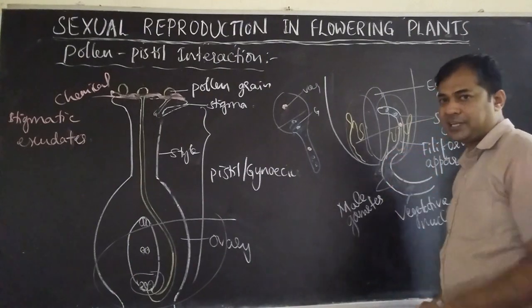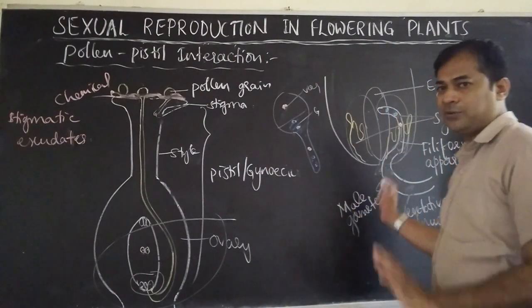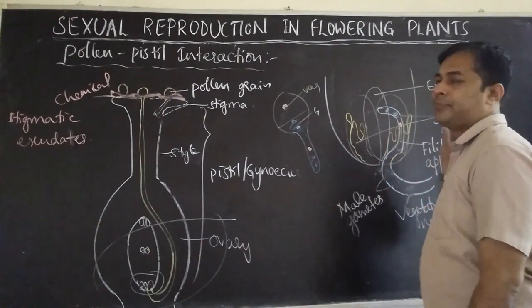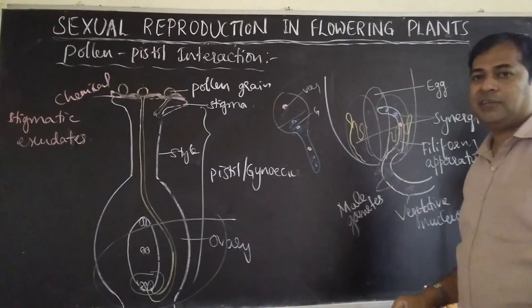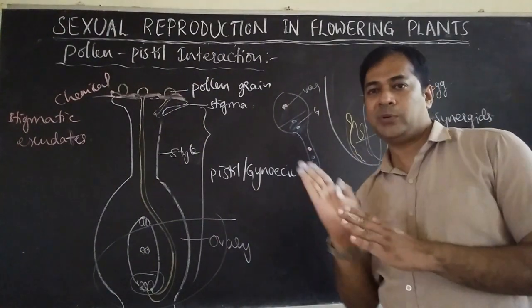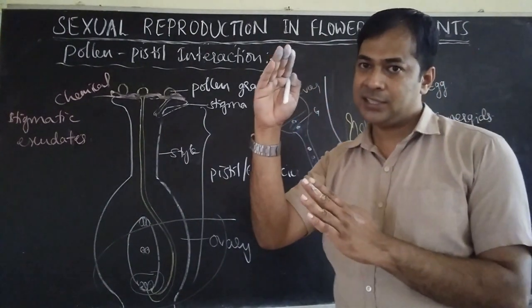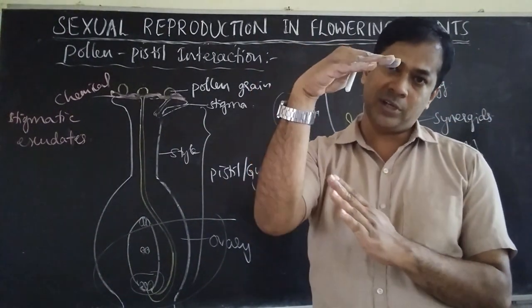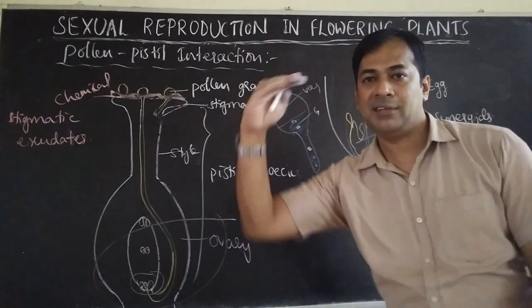Then what happens? Double fertilization, triple fusion. Already you have learned this in first year. That's why they have not continued this; they have left it here. So what is the function of the filiform apparatus? The filiform apparatus helps the pollen tube to enter, and then it goes to the synergid. Then the pollen tube will enter the egg. Not direct entry, it is sideways.